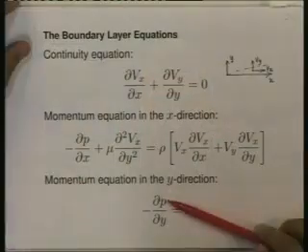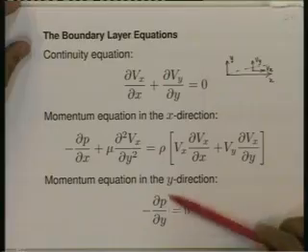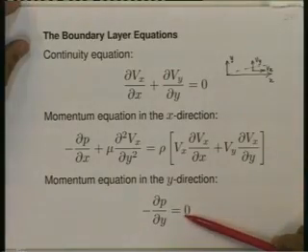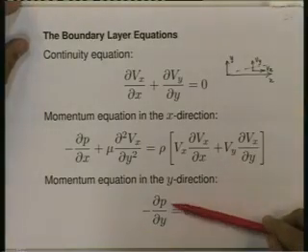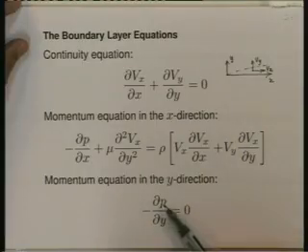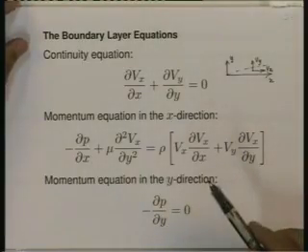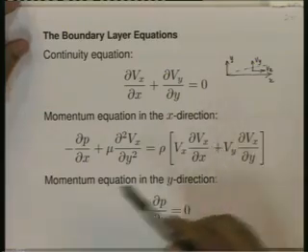The momentum equation in the y direction gets so simplified that it reduces to a form where we say that the pressure variation across the boundary layer is 0. This means that the pressure in the boundary layer does not vary across the boundary layer. It will vary in the x direction only.